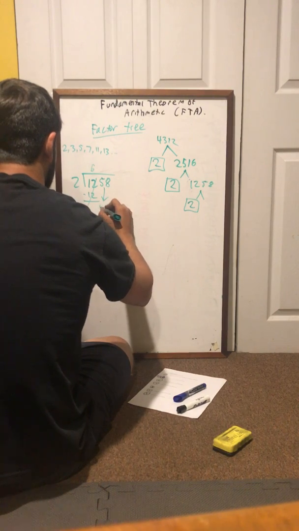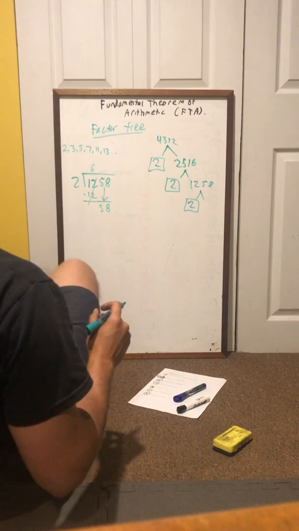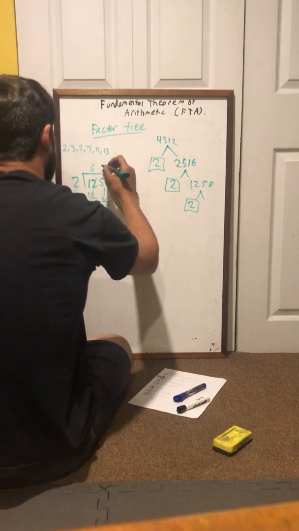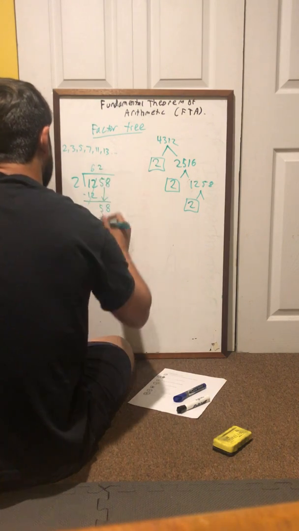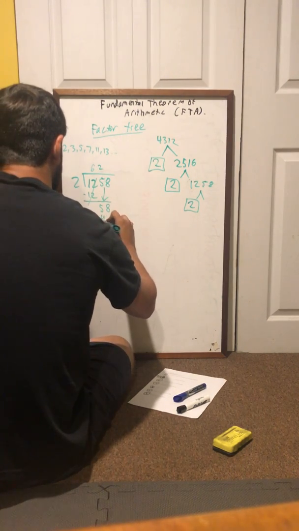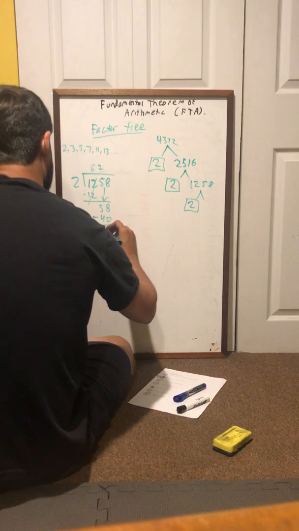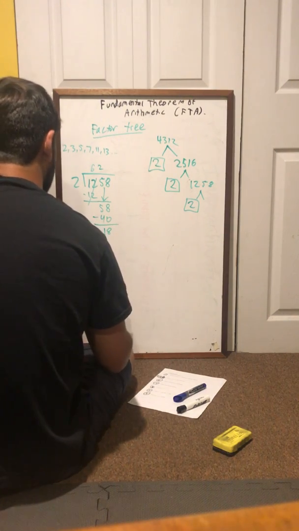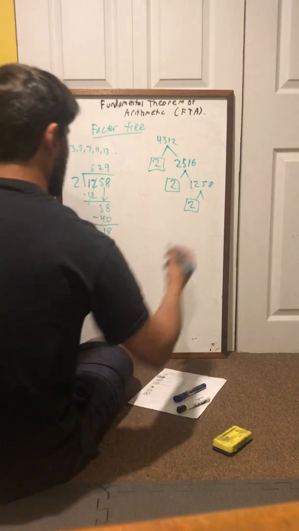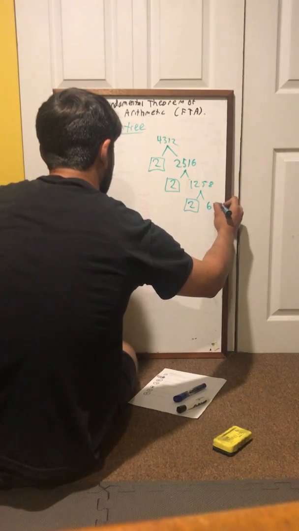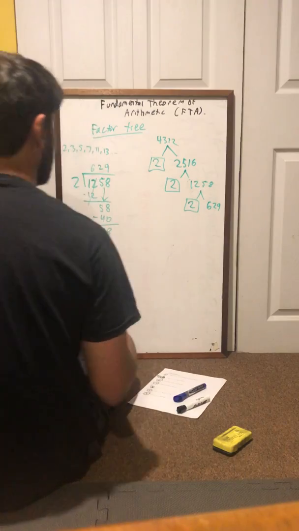Bring down the 58. We're going to get another 2, then 18, and then a 9. So 629.